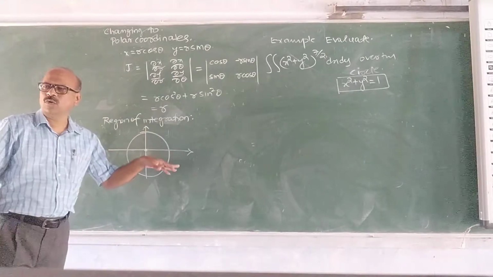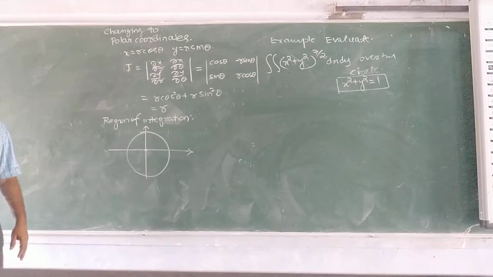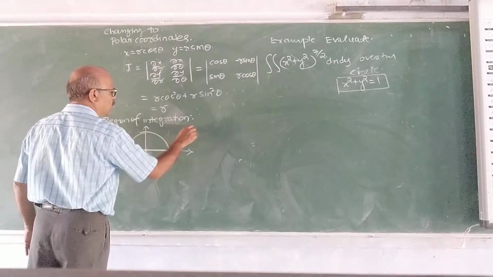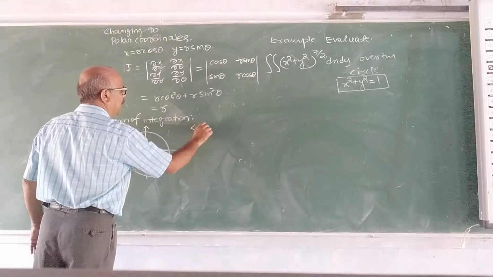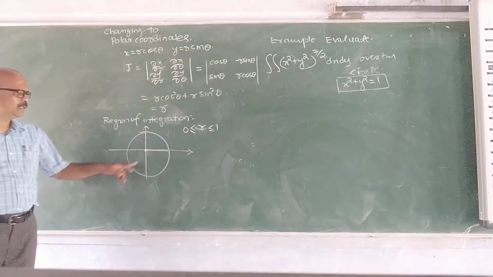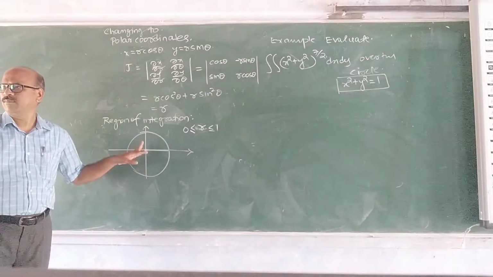You have to find out how r and θ vary. r means the radius vector. It varies from 0 to 1, so r is greater than or equal to 0 and less than or equal to 1. Radius vector means this length.